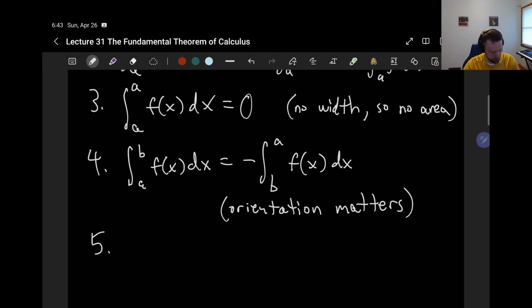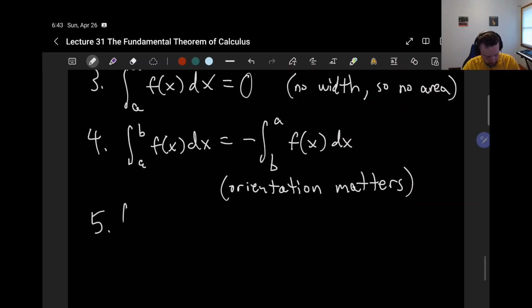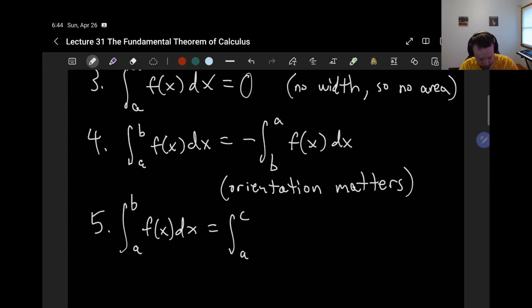Number 5. Look at the integral from A to B. Well, we could introduce this number C right here and split this into two separate integrals.